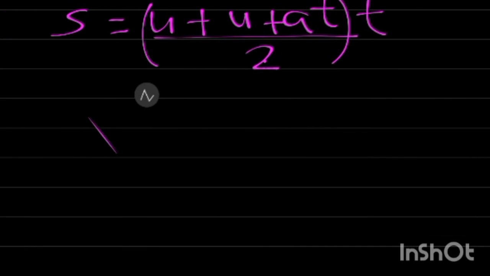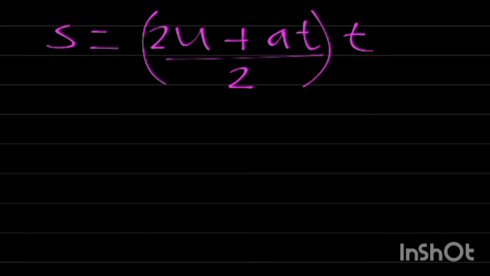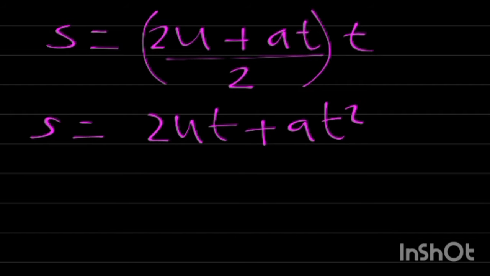We are going to have S is equal to what? 2U plus AT all over 2, then time T outside. Now let's open the bracket with T. I have S is equal to 2UT plus AT squared over 2.